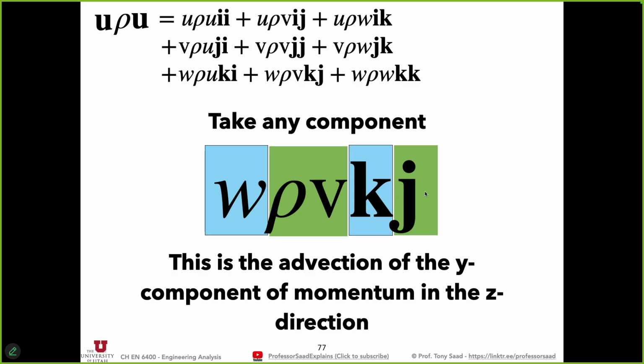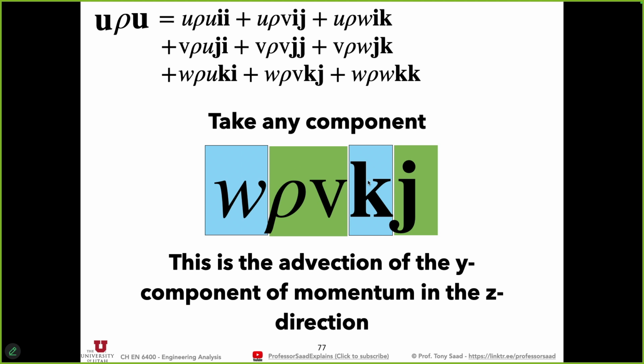So the dyadic form enforces that idea by tagging along these unit vectors. So this K j unit vector is a dyadic, okay? It tells you two things. The last index tells you which component is being advected. Indeed, j corresponds to the Y momentum component, which is rho V. The first unit vector in that dyadic tells you in which direction we are advecting the j component of momentum.